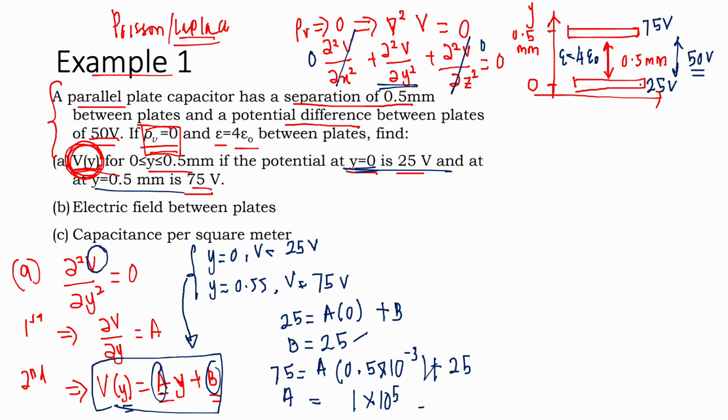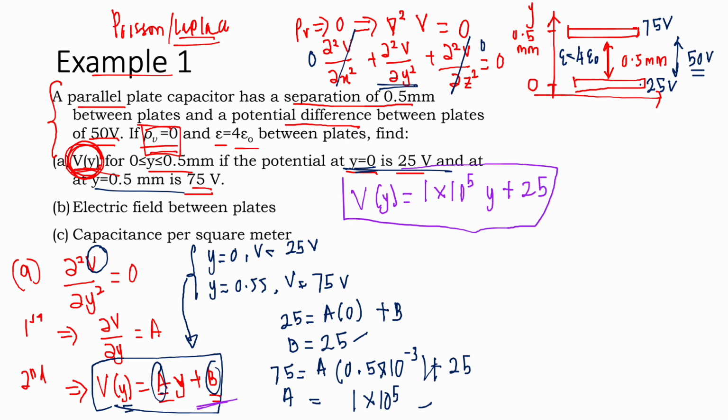Now we substitute these values into the general equation, so V of y is equal to 1 times 10 to the power of 5 times y plus 25. This is the potential equation for the range of 0 to 0.5 millimeter.